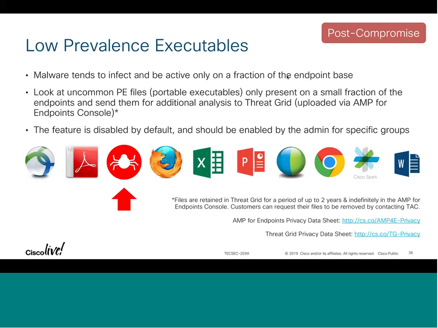Reasons why this is not turned on by default include that we don't want people to unexpectedly burn up their entire ThreatGrid quota before they know it. Also because there are privacy implications. You want this to be a deliberate decision that a customer makes to send stuff from their environment into a sandbox.